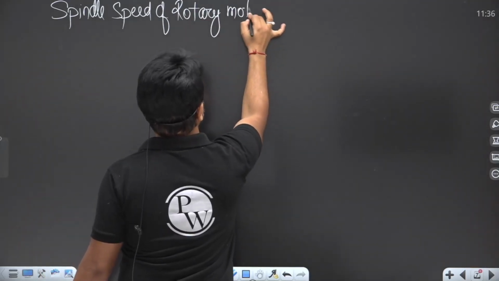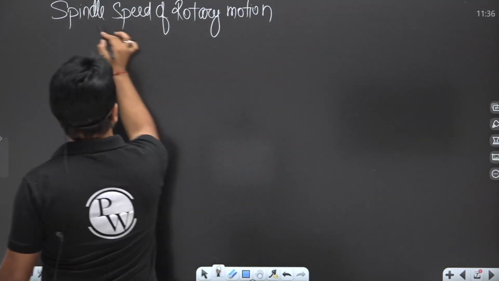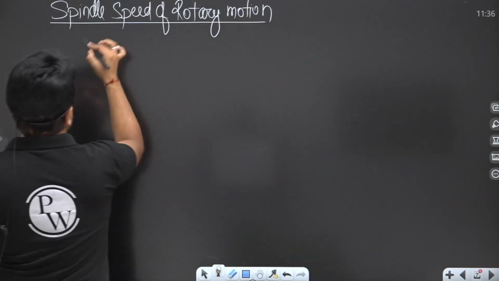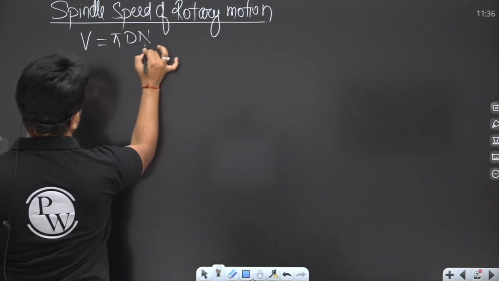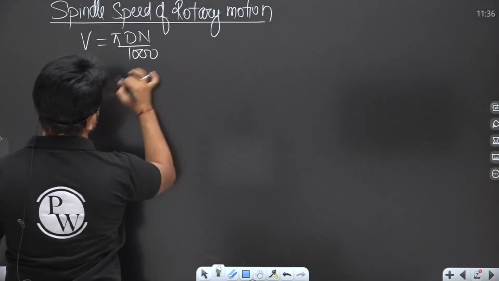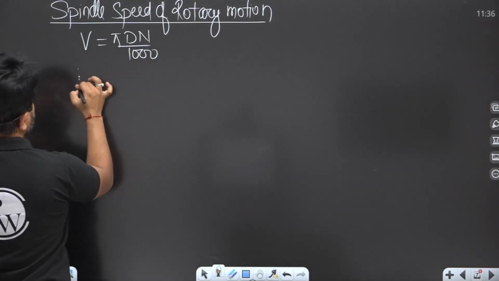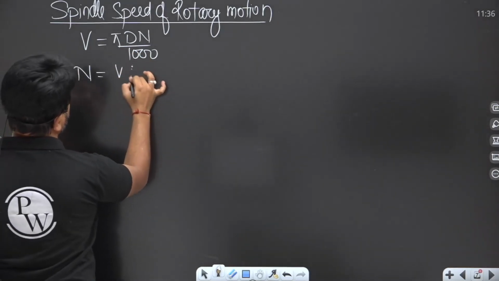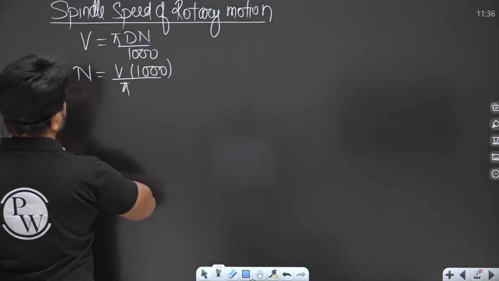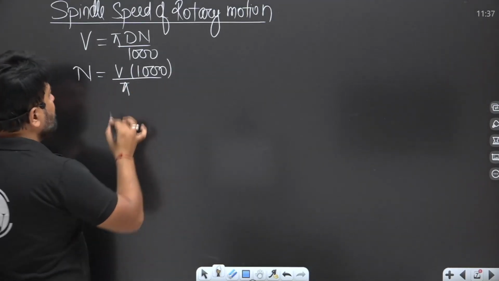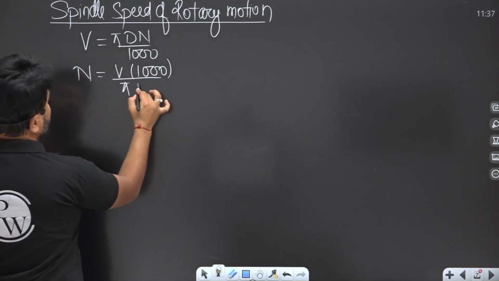Very simple. We know that velocity equals pi d n divided by 1000. So what is n? N is V into 1000 divided by pi d.